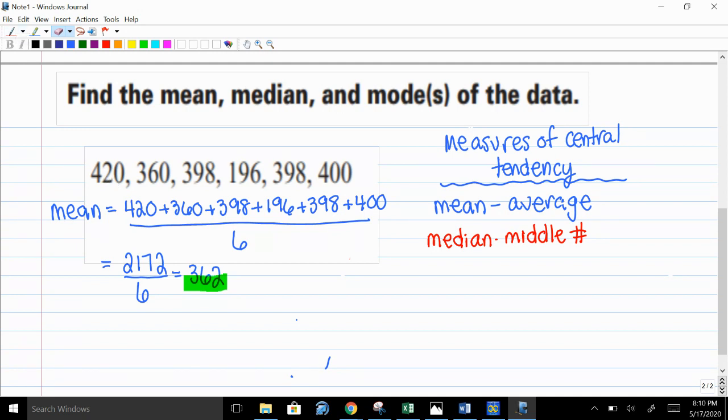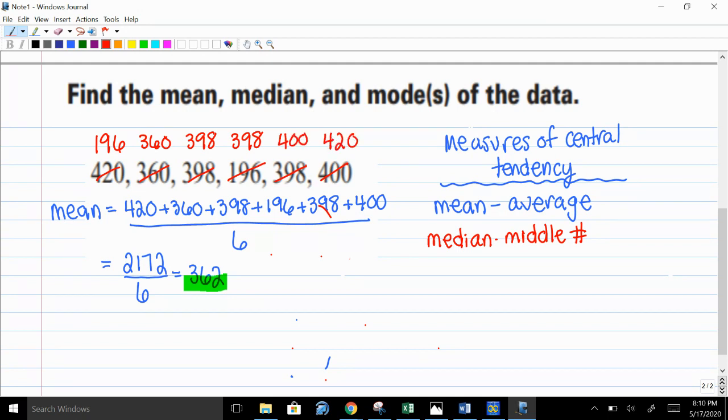These numbers were not given to us in order, so I'm going to rewrite them from smallest to biggest: 196, 360, 398, 398, 400, and 420.